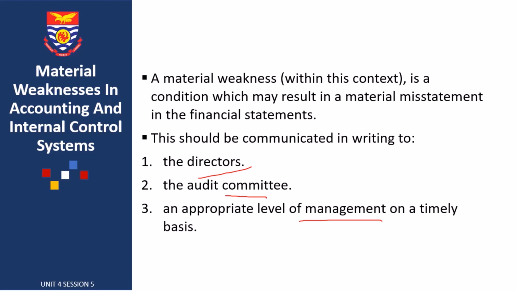However, in a situation where no material weaknesses are identified during the audit, the auditors may choose not to issue a report to directors or management, but they may need to inform them that no report is to be issued. When there is no weakness, no report is issued, but there should be some information stating that a report will not be issued.